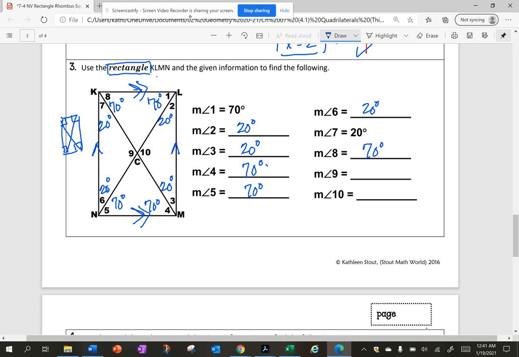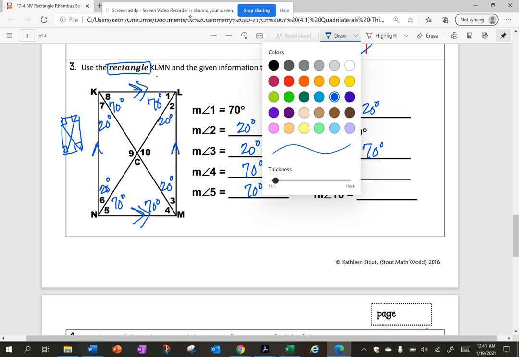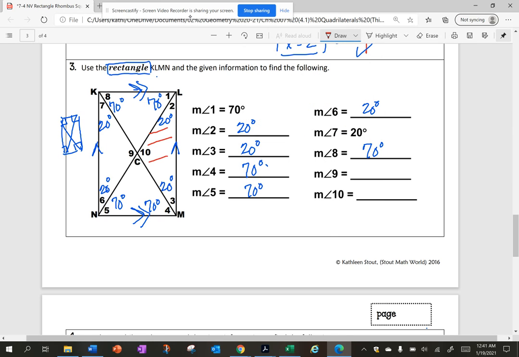Okay, so I get to these two angles in the middle. So I'm going to go back to the triangle sum theorem that we talked about. So I want to just look at one of the triangles. So right now I know these two angles are 20 degrees, and I want to know this angle 10 here. And I know all three angles total 180 by the triangle sum theorem.